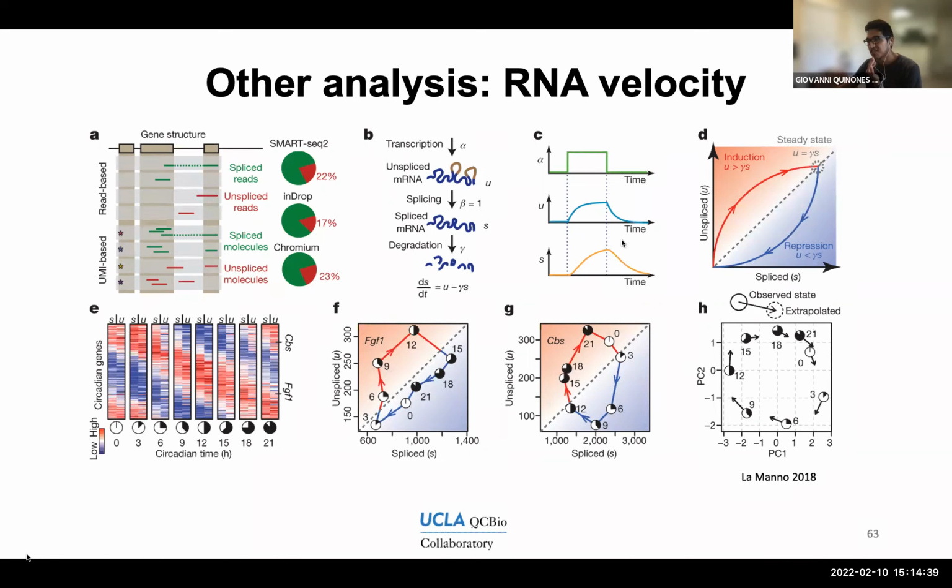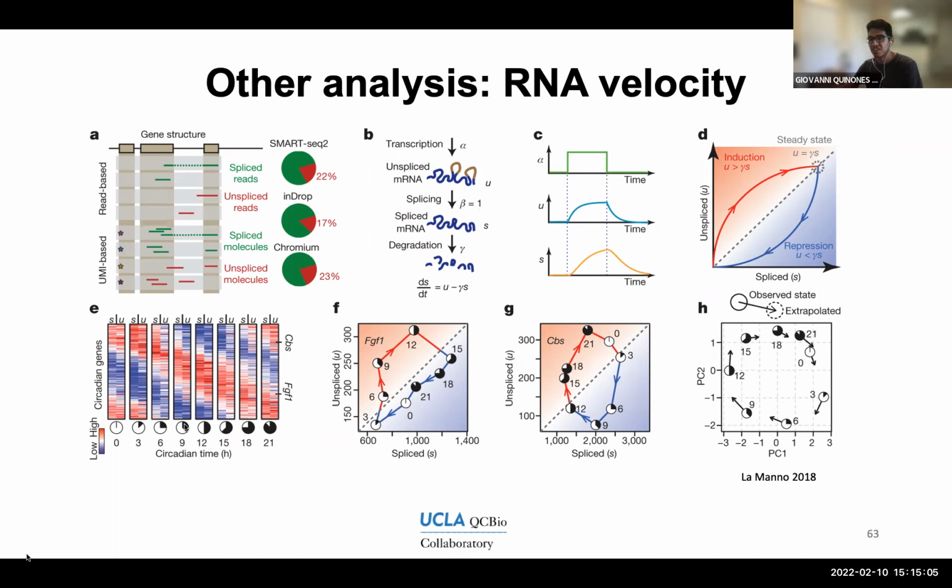I think we can skip directly to these last three plots. The idea is that based on this ratio, this proportion of spliced versus unspliced RNA molecules, you can come up with a type of RNA metric.